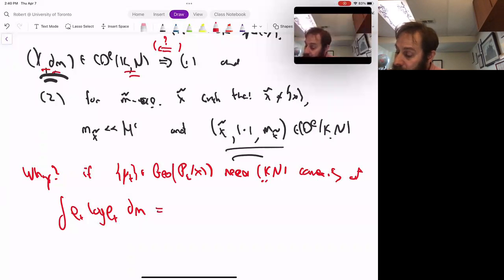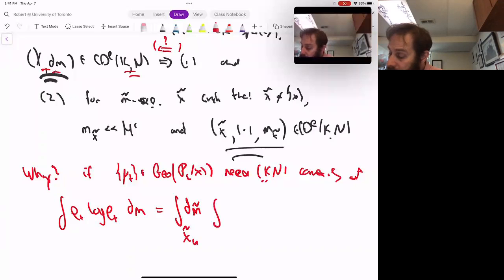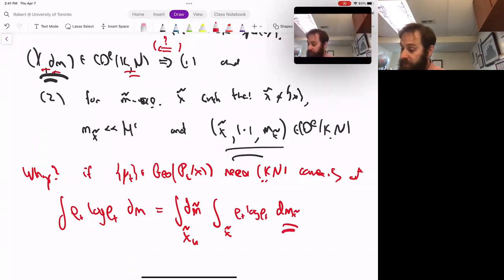And our disintegration formula tells us that that can also be written as the integral over x tilde of the integral of rho_t log rho_t dm_x tilde, where these are the conditional measures and this is the quotient measure.